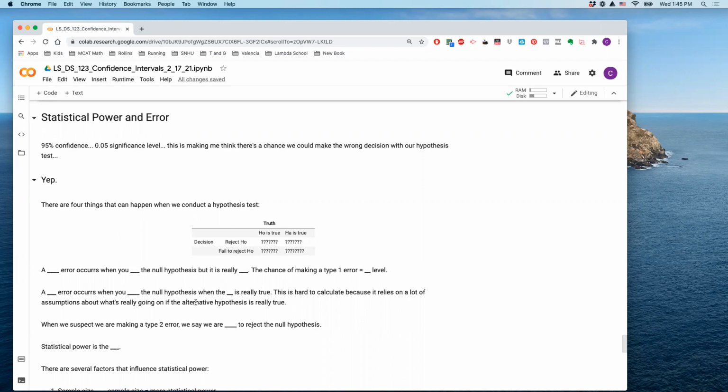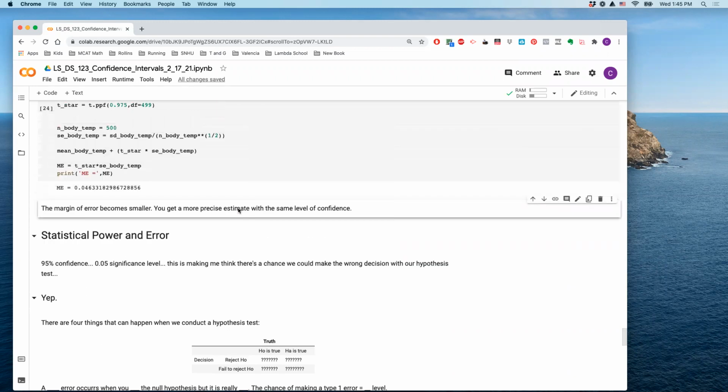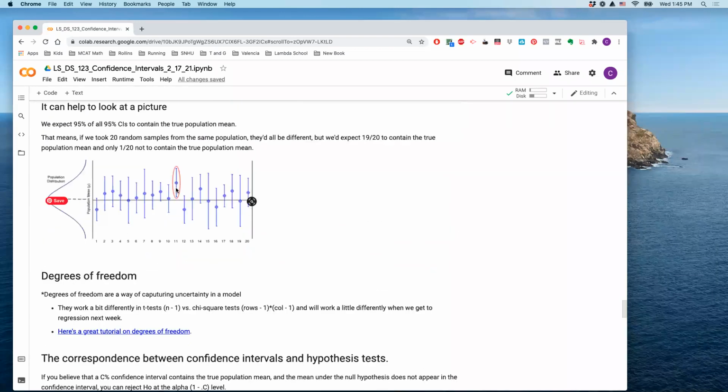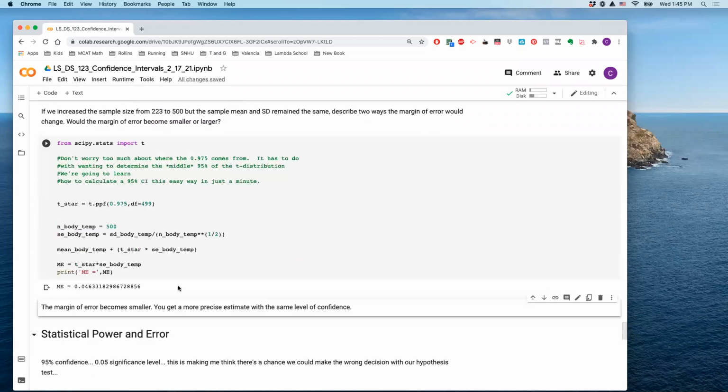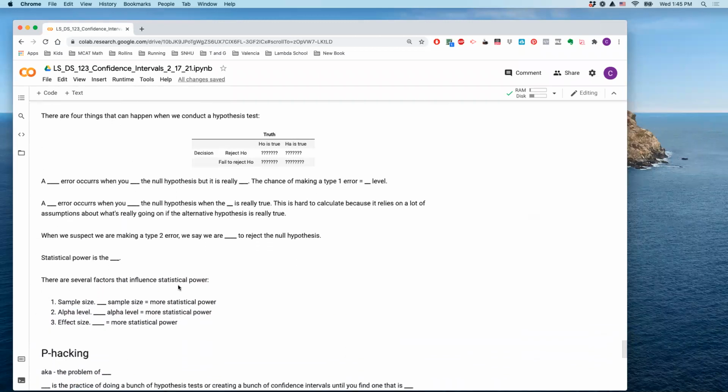Baked into this is the idea that it's most likely that we're going to get a good sample with a good sample mean just by chance, but there is a chance that we will not. Our sample could be one that doesn't overlap the population mean, again just by chance. So we would like to quantify the likelihood of us making these mistakes.